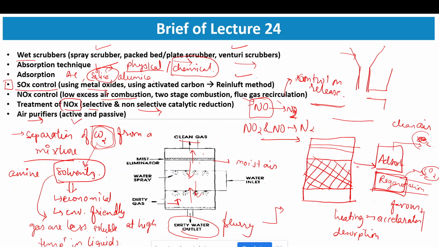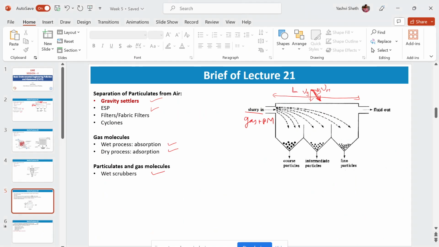In active air purification, you try to provide charge, which is not so commonly used, and in passive you collect as it is. Now I will move towards the assignment.